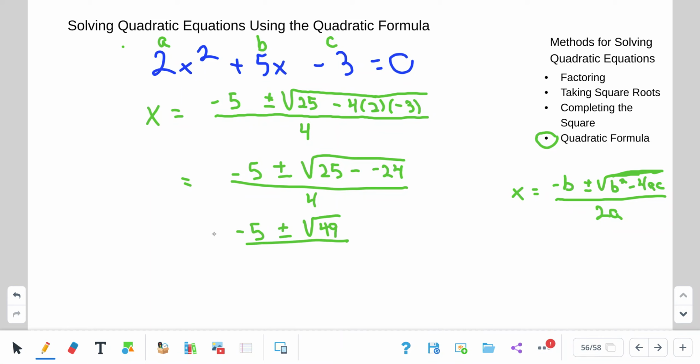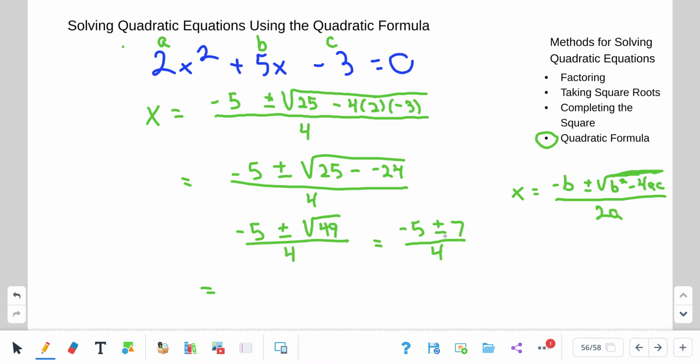Now, we need to stop and ask ourselves, is this square root something that can be simplified? If it can, then keep going. If it can't be, then you're done. Okay. So I'm going to keep going here because the square root of 49 is 7. I'll write negative 5 plus or minus 7 over 4. Now, can I keep going from there? Sure.